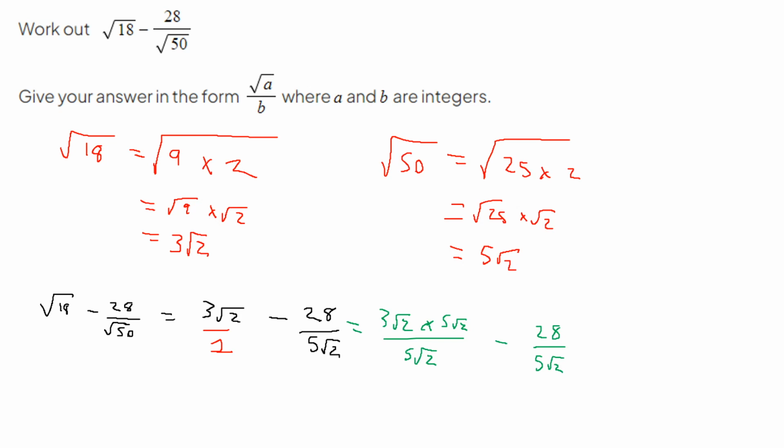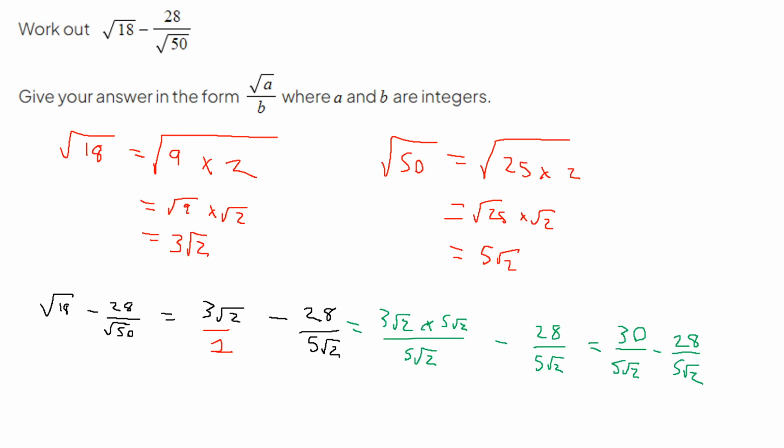Root 2 times root 2 is 2. So that's the same as 30 over 5 root 2 minus 28 over 5 root 2.